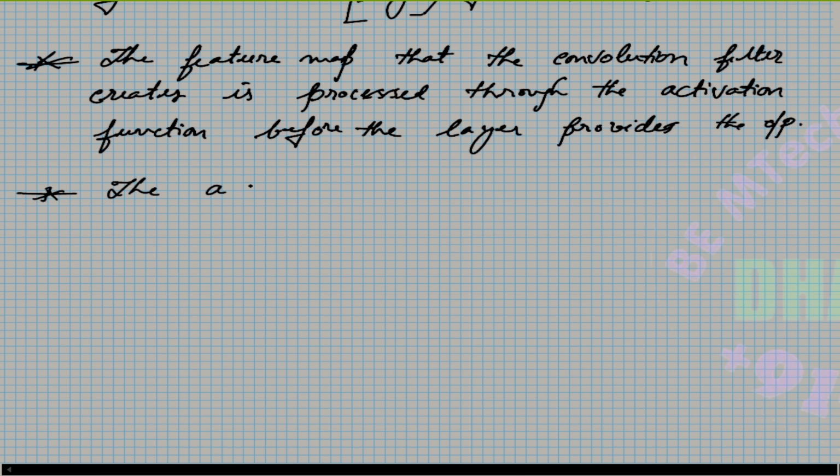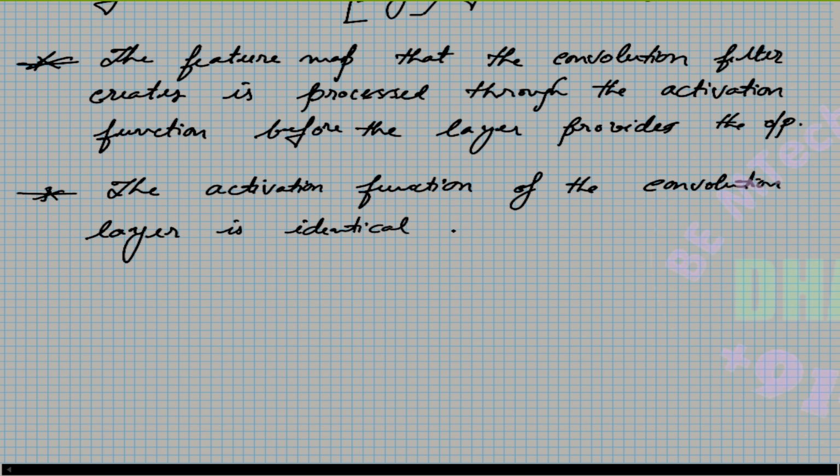The activation function of the convolution layer is pretty much identical to that of the ordinary neural networks, that of simple neural network, that is ANN.